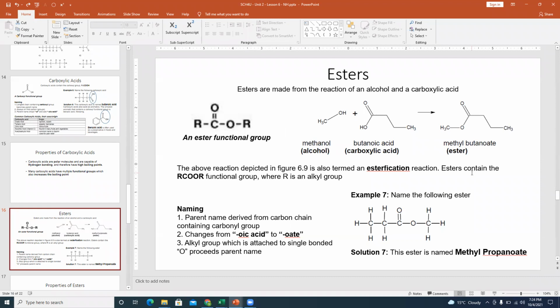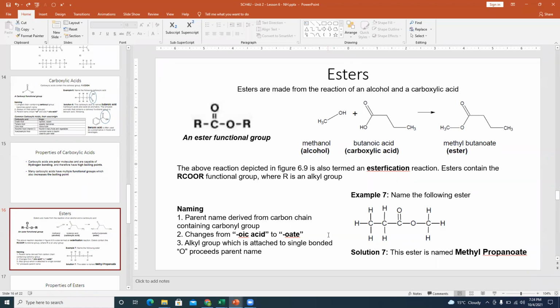The way these esters are made is from the reaction between an alcohol and a carboxylic acid, and that's what produces the ester. This is called an esterification reaction, which we will cover in greater detail, might be next lesson. And how do you name them?